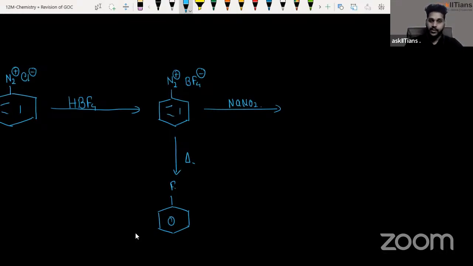This is there in the chapter amines. Nitrobenzene is formed. That's correct. Nitrobenzene. This is a very important process for boards as well, the formation of nitrobenzene.